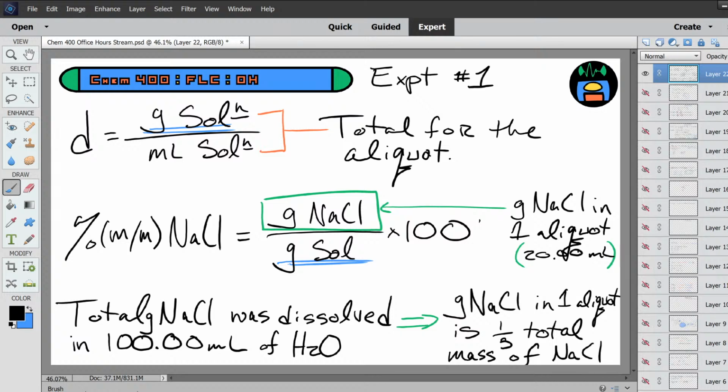So, Rin, you use 1/5 for the percent mass calculation, not the density. And this, what's on the screen now, is the reason why.